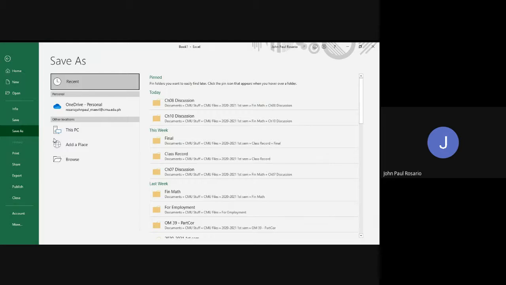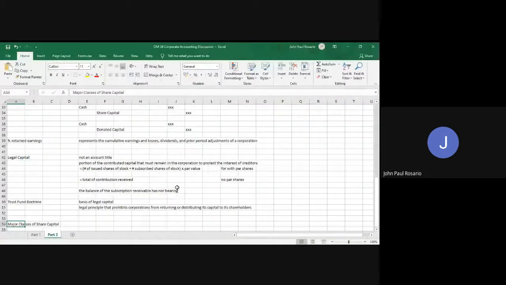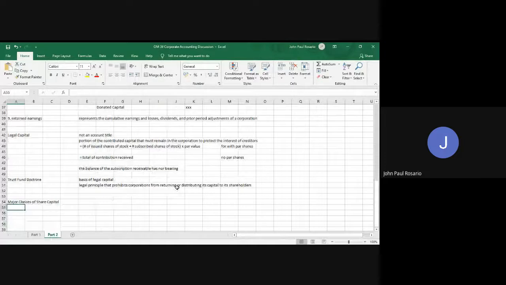Okay. So what are our major classes of share capital? We have first the ordinary shares. And the second one is we have the preference shares.